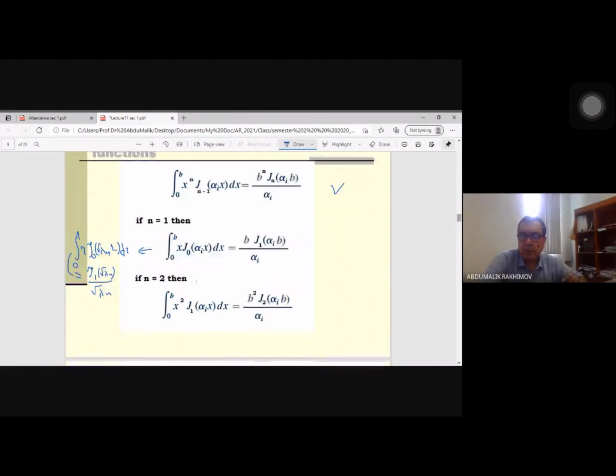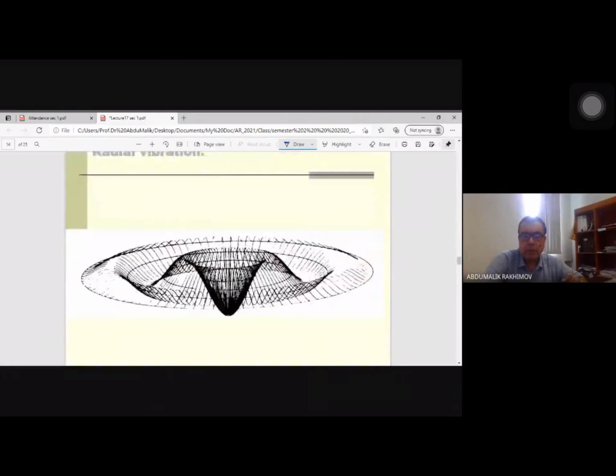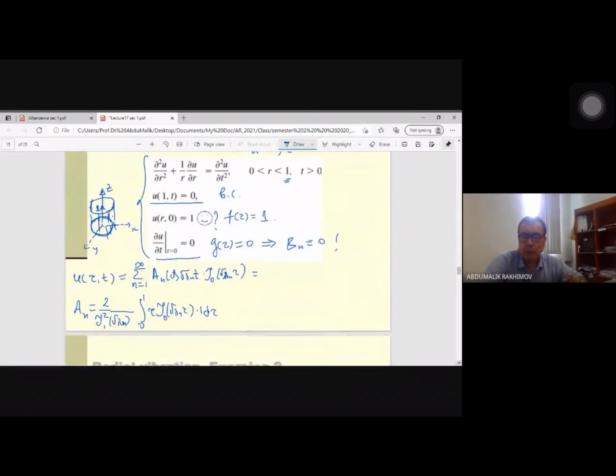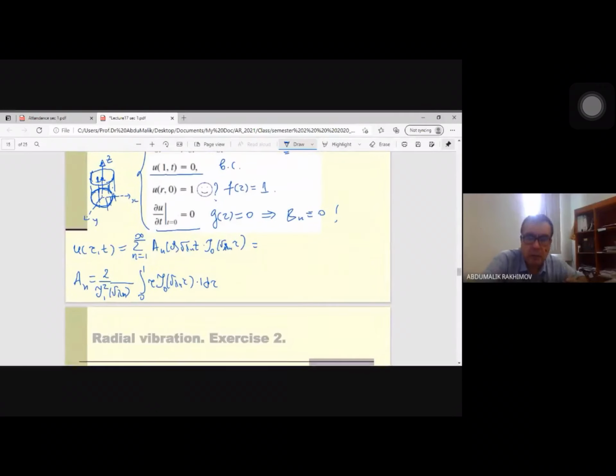Go back to my calculations. We have this coefficient, 2 over J1 squared of root lambda n, and this integral we evaluated as J1(root lambda n) over root lambda n.